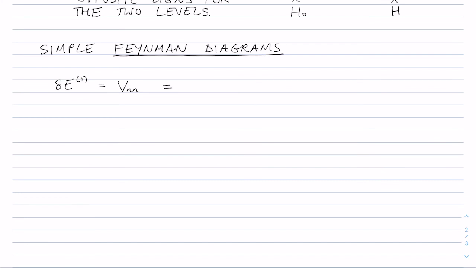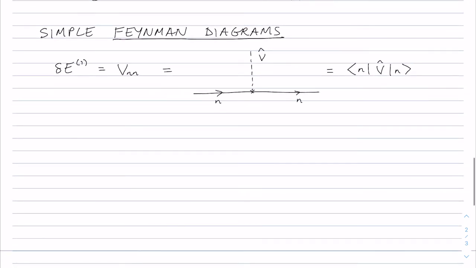I've got state N and state N and an interaction V. So this is N coming in, N going out, and the interaction is V. Typical kind of Feynman diagram. Okay, that's the easiest one.